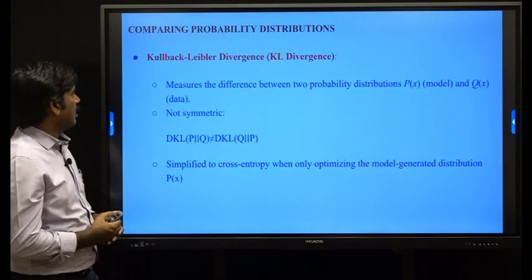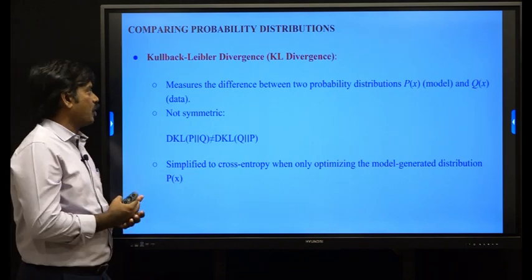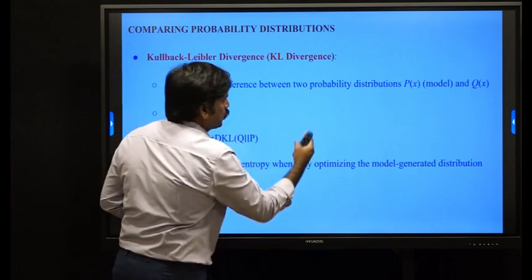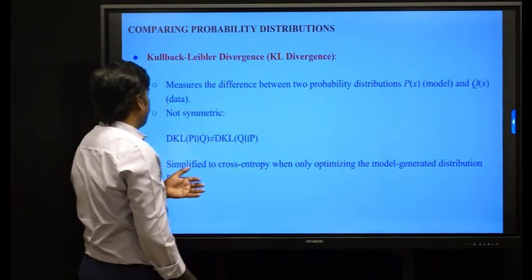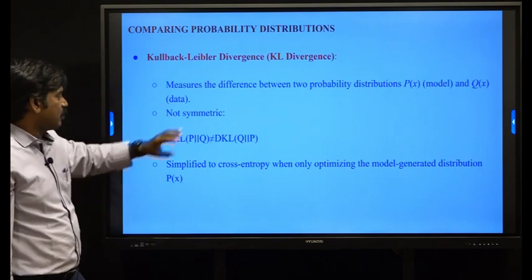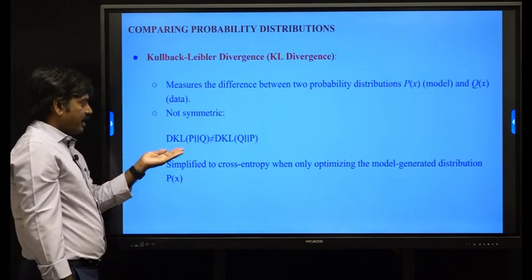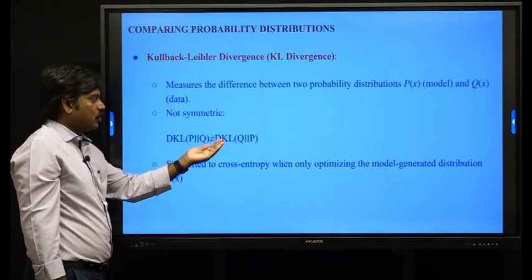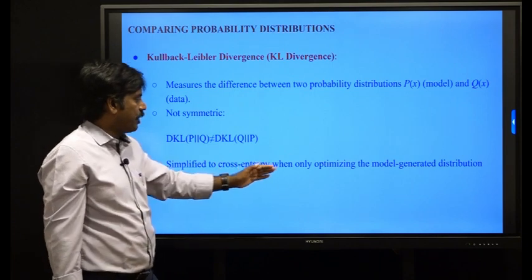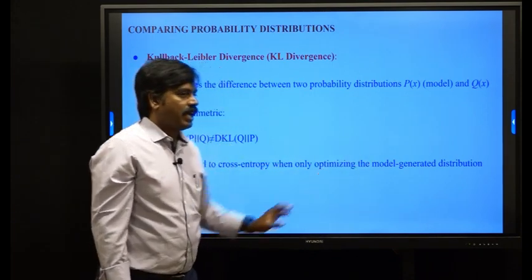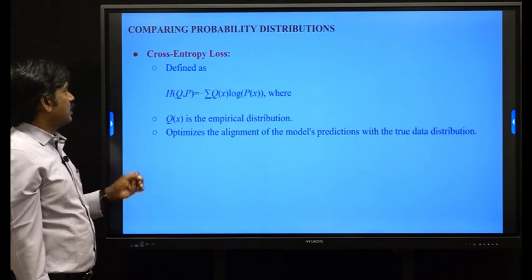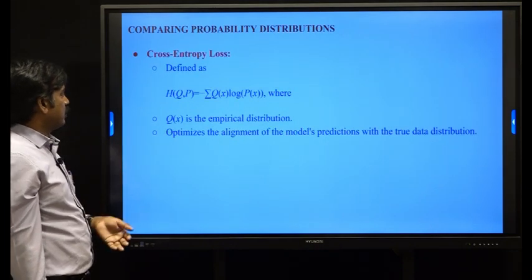We use KL divergence to measure the difference between the two probability distributions P(x) and Q(x). It is not a symmetric measure, meaning the comparison of P with Q is not equal to the comparison of Q with P. It simplifies to cross entropy when only optimizing the model generated distribution. We already saw cross entropy; both are the same.